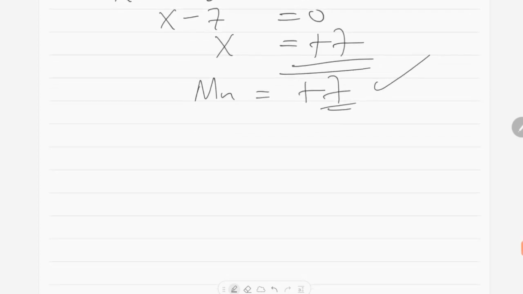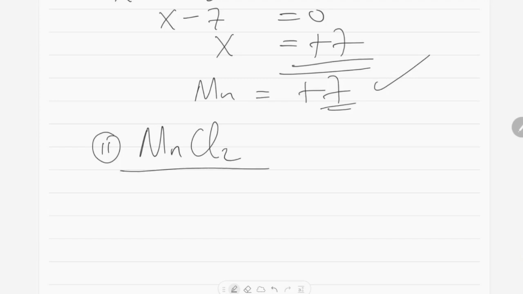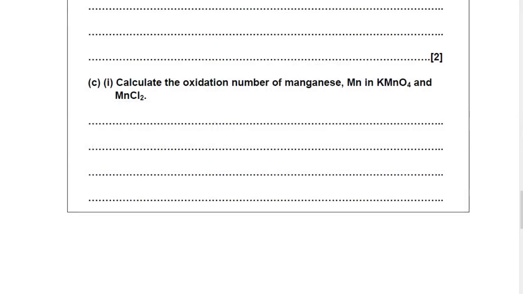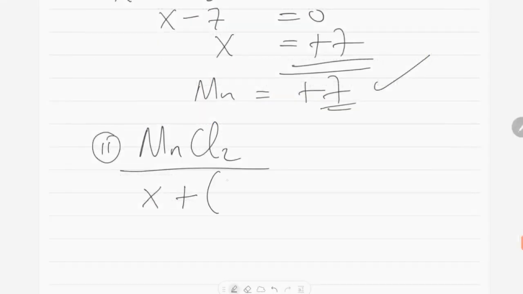Let's move on to calculating the oxidation state of manganese in manganese chloride. So using the same concept, manganese is going to be X plus, there are 2 chlorides, so it will be 2 times the charge of a chloride, which is minus 1, giving us the overall charge in this case, which is 0.